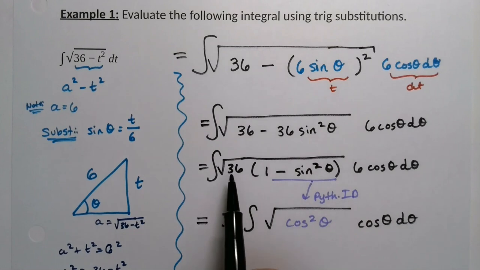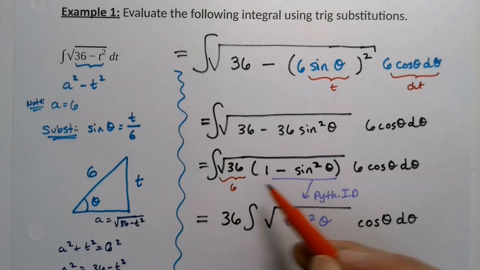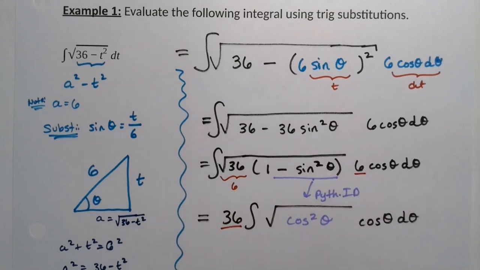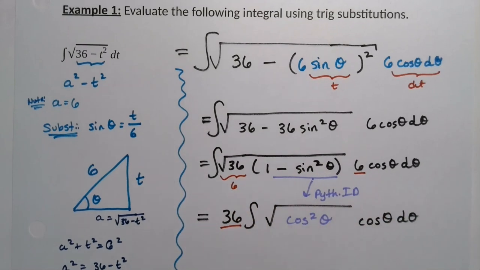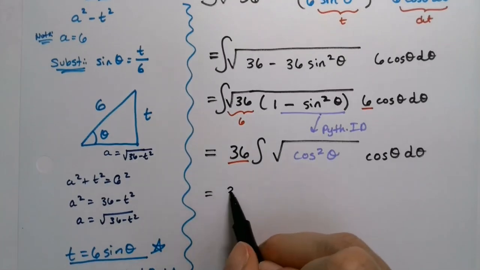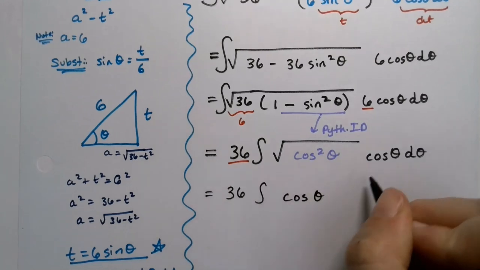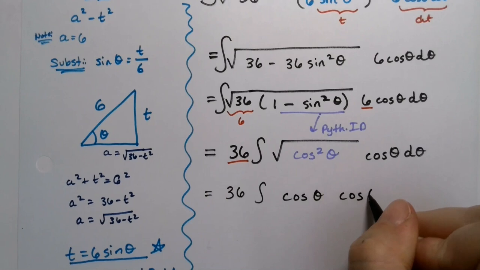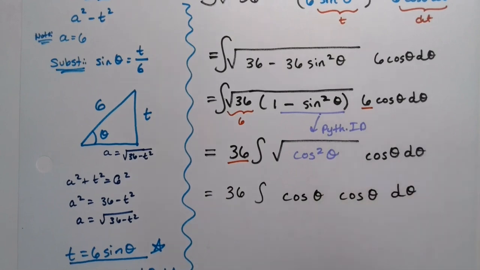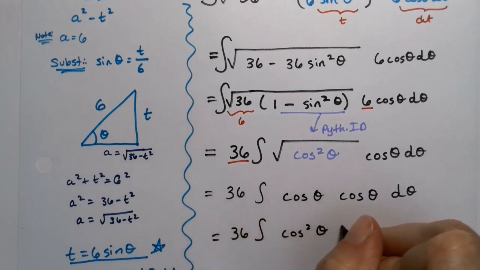Again, the square root of 36 is 6, and there's another 6. 6 times 6 makes 36. That's where that's coming from. Now, did you catch that? The square root of cosine squared is cosine. Interesting. And then I have another cosine. So I'm taking 36 integral cosine squared theta d theta.